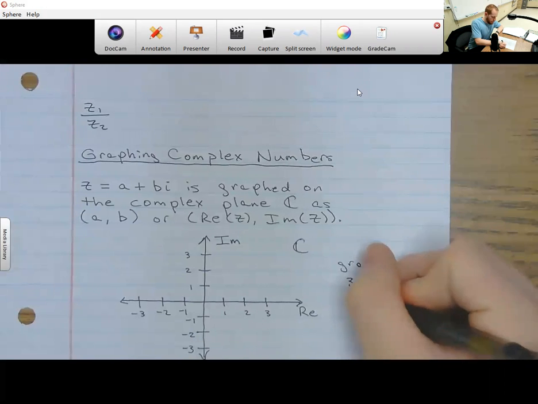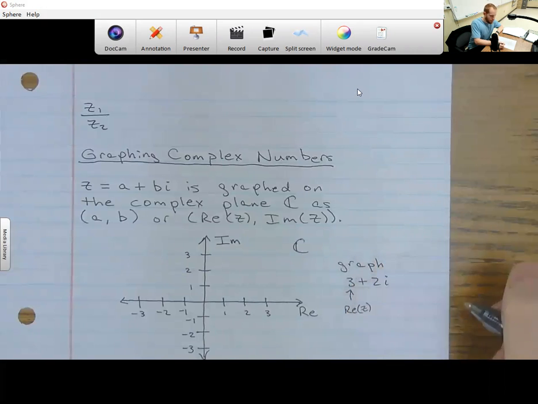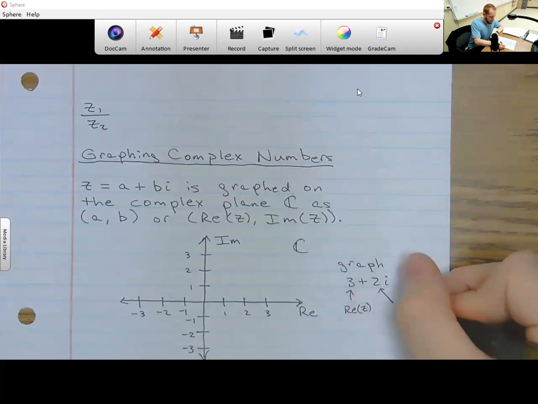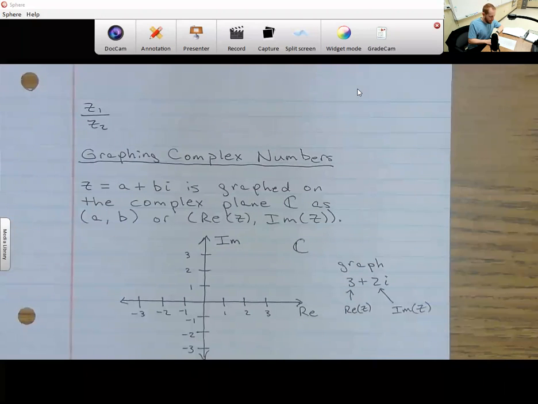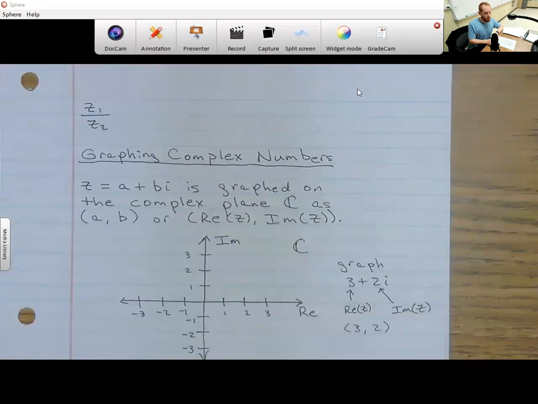The real part would be 3. So this is the real part. The imaginary part is always going to be the number attached to the i. So the imaginary part is going to be 2. So how would we graph this? We would graph it as the point (3, 2). So the real part is always going to go where the x is, and the imaginary part is always going to go where the y is.